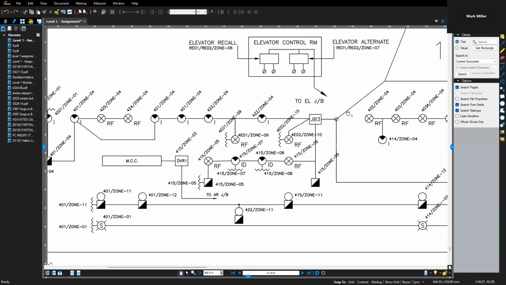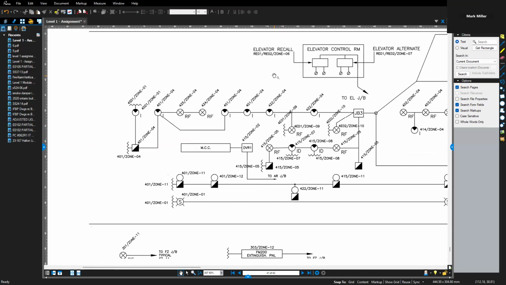So if we take Mr. Bandsaw and slice into the pipe here, what am I going to see? Well, downstream I have fire zone 1, fire zone 4, fire zone 9, fire zone 7, fire zone 8, fire zone 10, and fire zone 5.